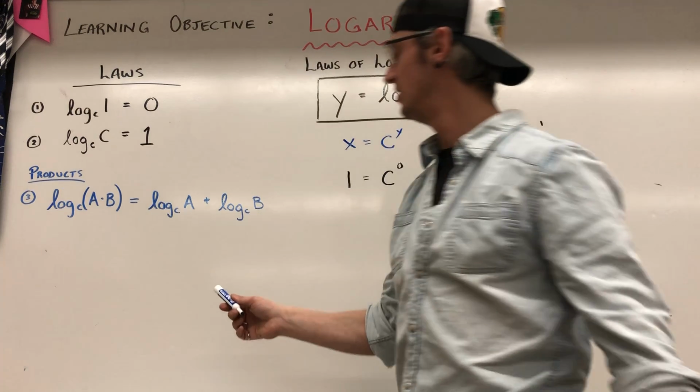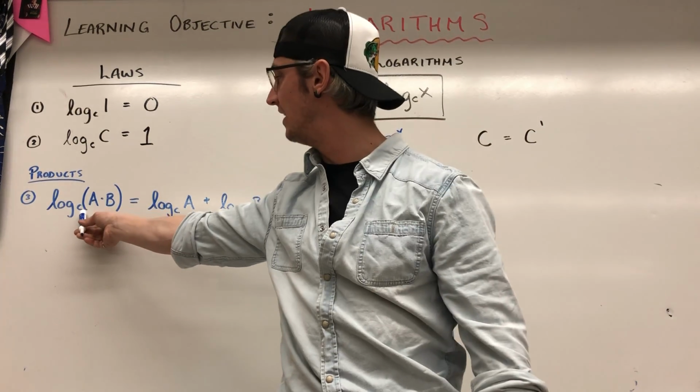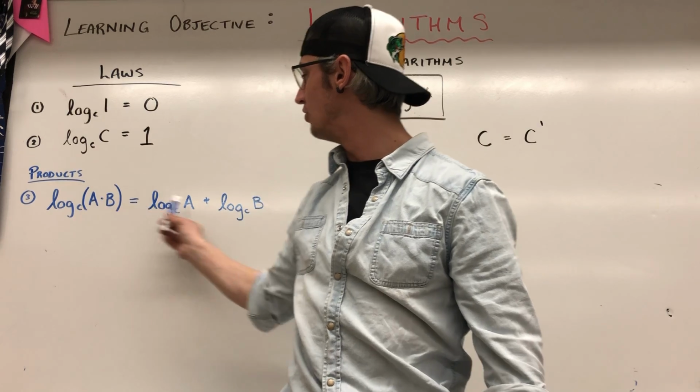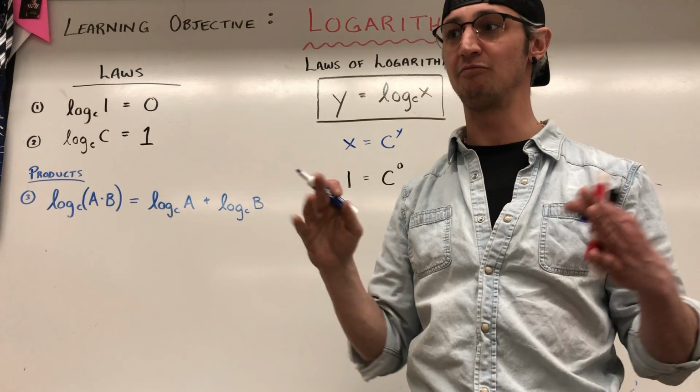So if I have two logs that are being added together and they have the same base, I can rewrite it as that base and then those two numbers multiplied, or vice versa, okay? That's the law of products.